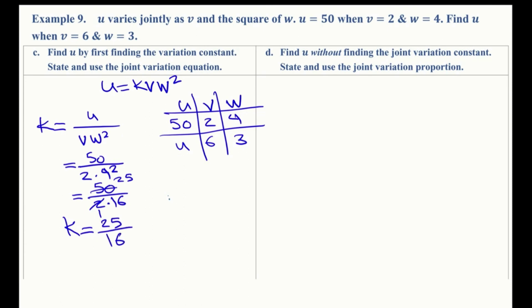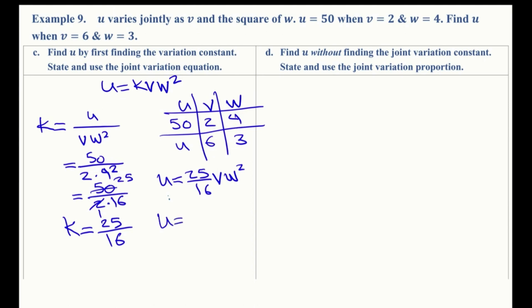So our variation equation for this scenario is u equals 25 over 16 v w squared. So we want to know u when v is 6 and w is 3.